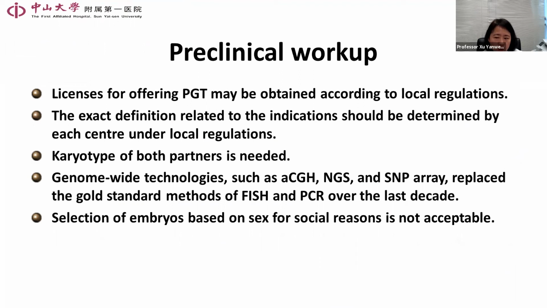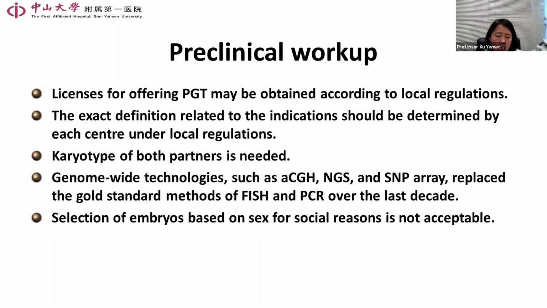For example, in China, we need a license from the government to perform PGT-A, PGT-M, and PGT-SR. The exact definition related to the indications should be determined by each center and the local regulations. For example, in China, we can perform PGT-A for women aged more than 38 years old.